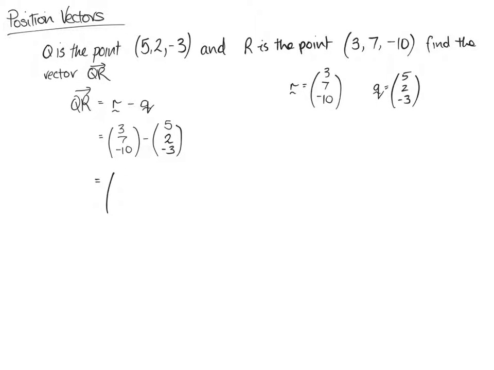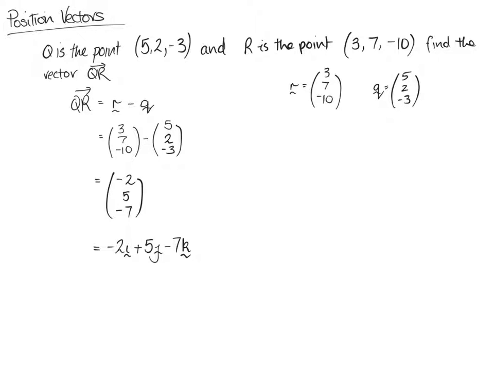So we have 3 take away 5, which is -2. We've got 7 take away 2, which is 5. And then we've got -10 take away -3, so that's adding. So it's -10 add 3, which is -7. Remembering we could also write that, if we wanted, as -2i plus 5j minus 7k. That's if they ask you to write it in terms of unit vectors. You do it that way.